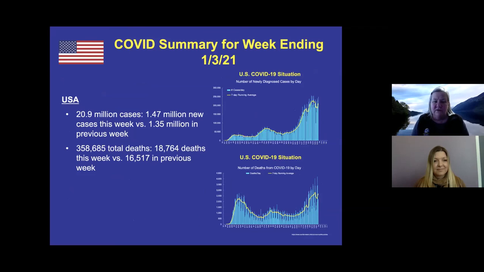In the US, 20.9 million cases, 1.47 million new cases this week compared to 1.35 in the previous week. 358,000, a little bit more than that in total deaths, 18,764 deaths this week compared to 16,517 deaths in the previous week.